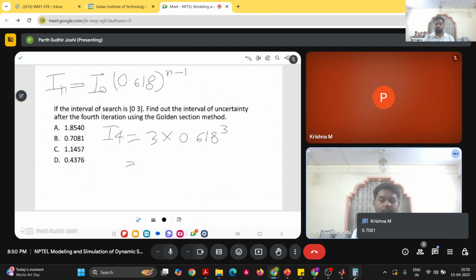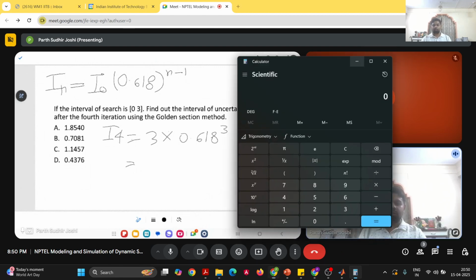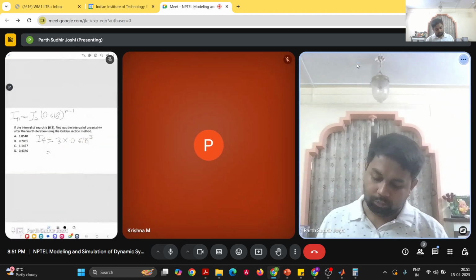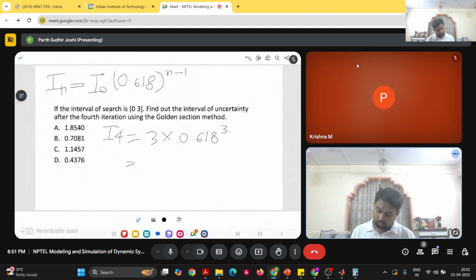Okay, 0.7081. So yeah, let us check that. So 0.618 to the power 3 into 3, which will be 0.7081. So yeah, you're right. So the correct answer is B, 0.7081.